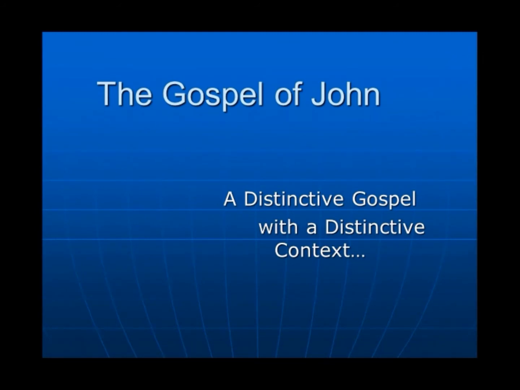Those kinds of questions. The Gospel of John is an interesting case because it actually has references to a figure who, at the end of the Gospel, is said to be the source of that Gospel.